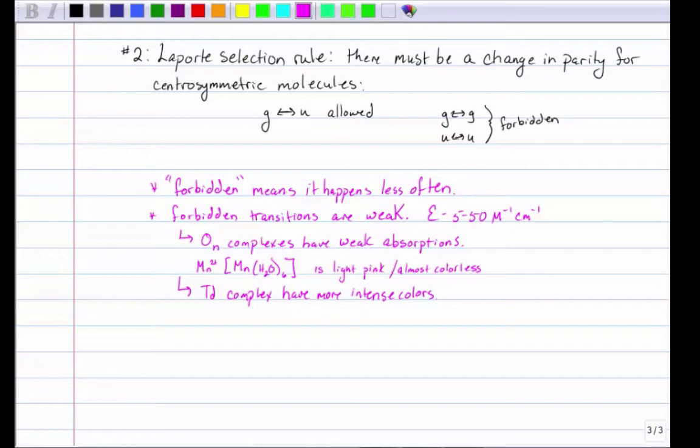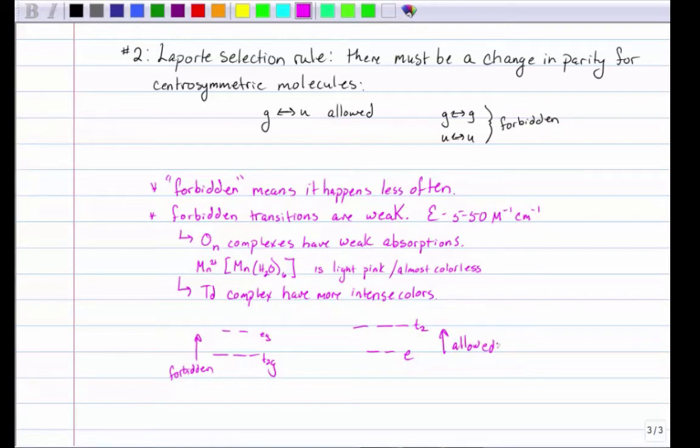But the reason, again, is because in octahedral, we have a T2G and an EG. So these transitions here are forbidden because of the Laporte selection rule. They happen, but not very often. Whereas in a tetrahedral case, you're dealing with an E and a T2 set. Remember, those do not have G subscripts because there's no inversion, and these are allowed transitions.